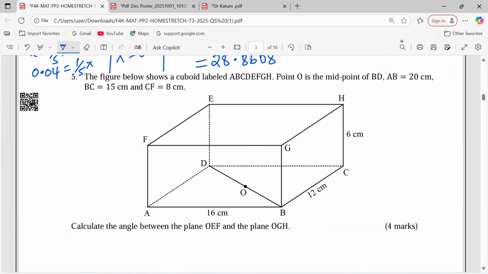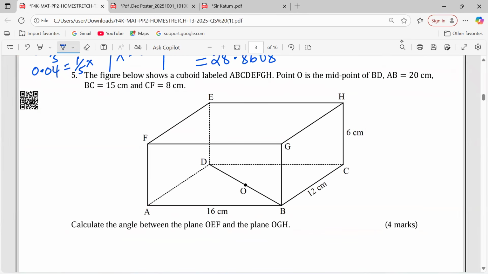The figure below shows a cuboid labeled A, B, C, D, E, F, G, H. Point O is the midpoint of BD, then AB is 20 centimeters, BC is 15, then we have a CF of 8.